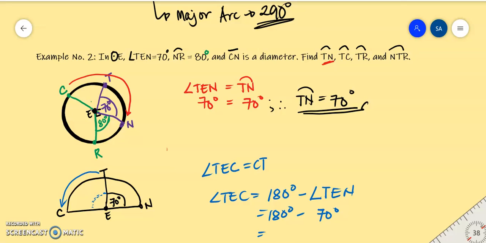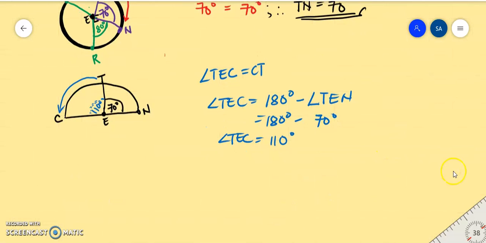Therefore, the measure of angle TEC, the remaining angle for the semicircle, is 180 minus 70, 110 degrees. By the definition of central angle, the measure of the central angle is also the measure of the arc formed, which is CT. So if angle TEC is equivalent to 110 degrees, therefore arc CT is also equivalent to 110 degrees.